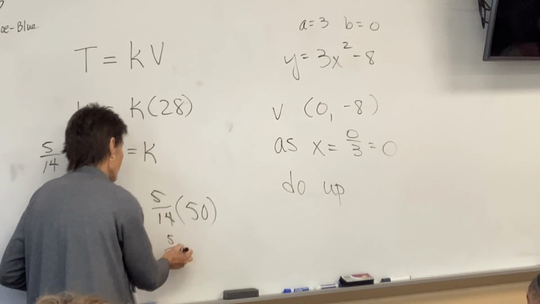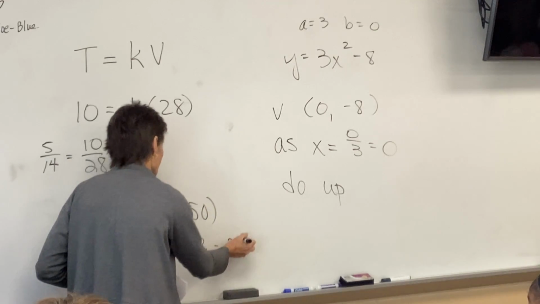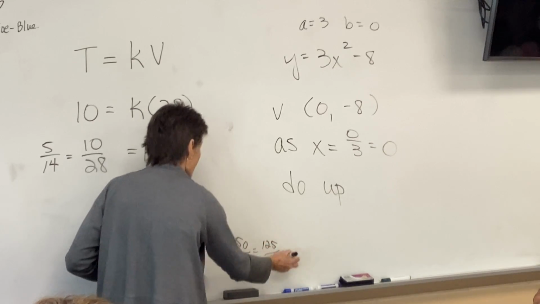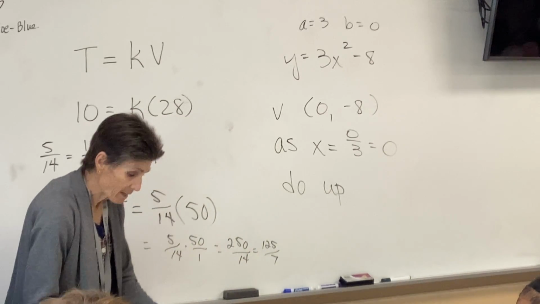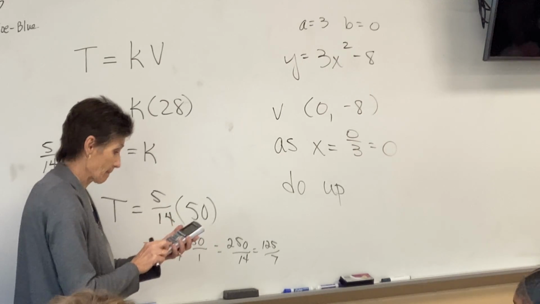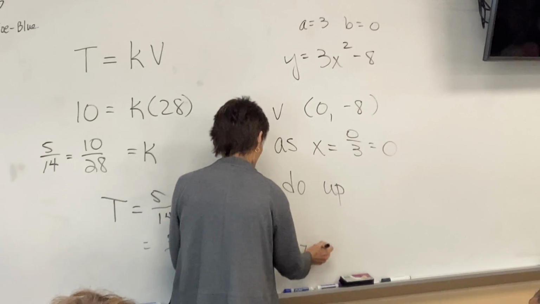And I can do it with or without my calculator. If I do it by hand, I get 125 over 7. If I do it on my calculator, I'll get a decimal, 17.86.